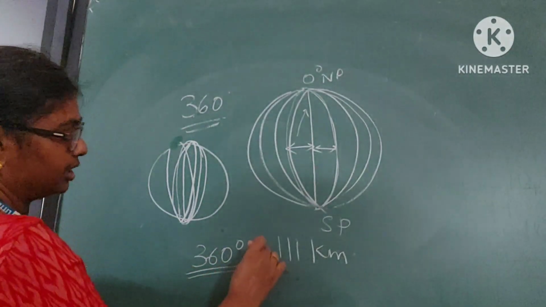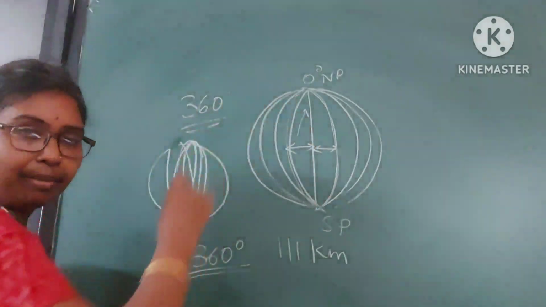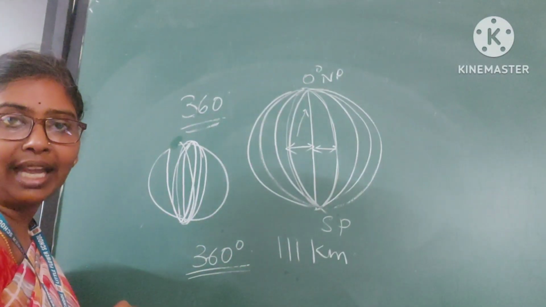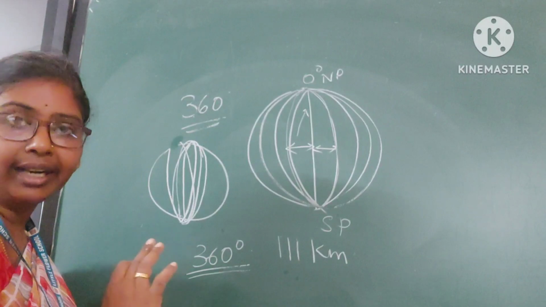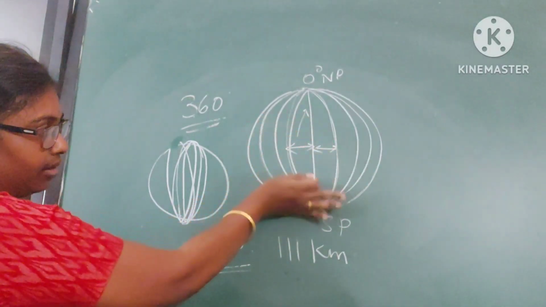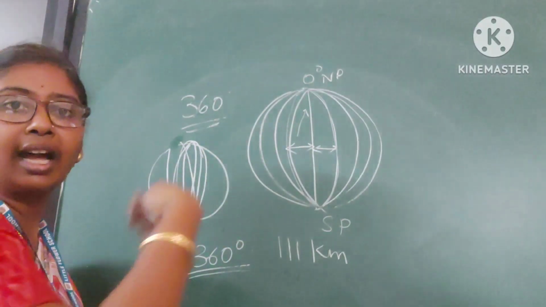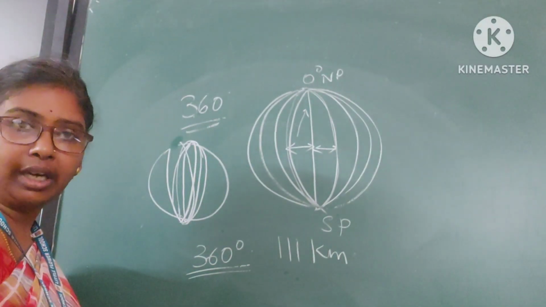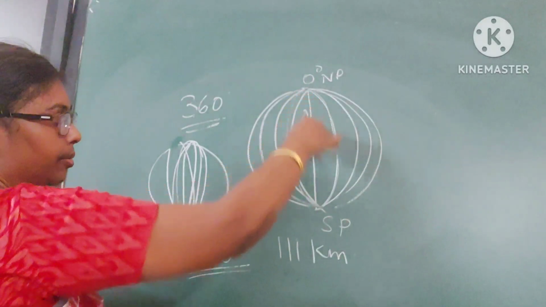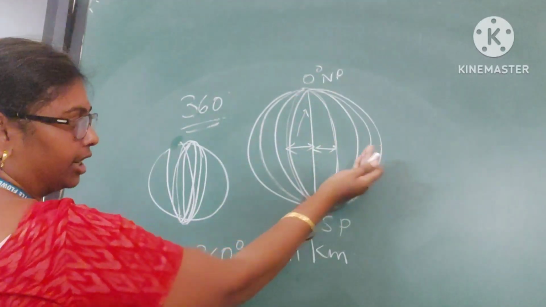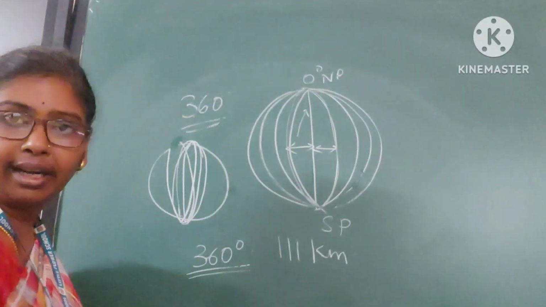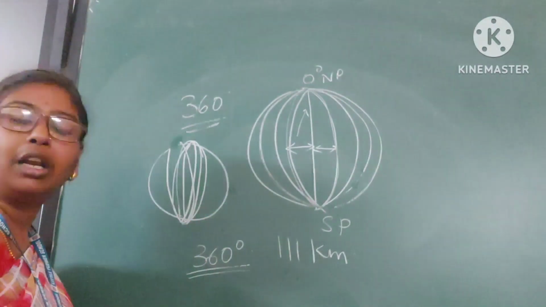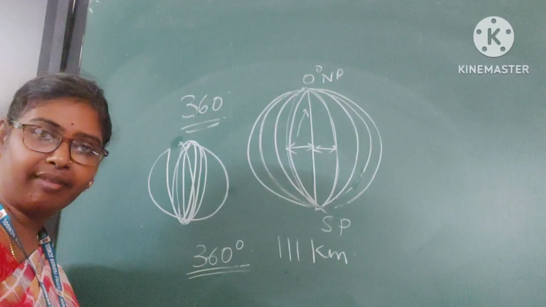So that many angles, that many longitudes we will be having. Right? So one side we will be having 180, the other side we will be having 180. Starting from the prime meridian, one side 180, the other side 180 longitudes we will be having.